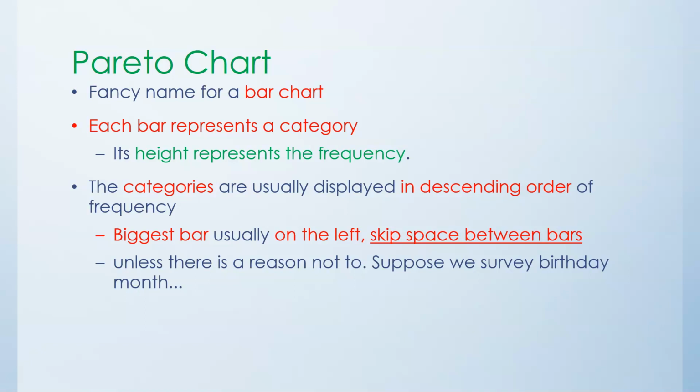If we were to survey the month in which you were born, months have a natural order to them, so it wouldn't make sense to put June first, even if it has the most respondents, because June is the 6th month.